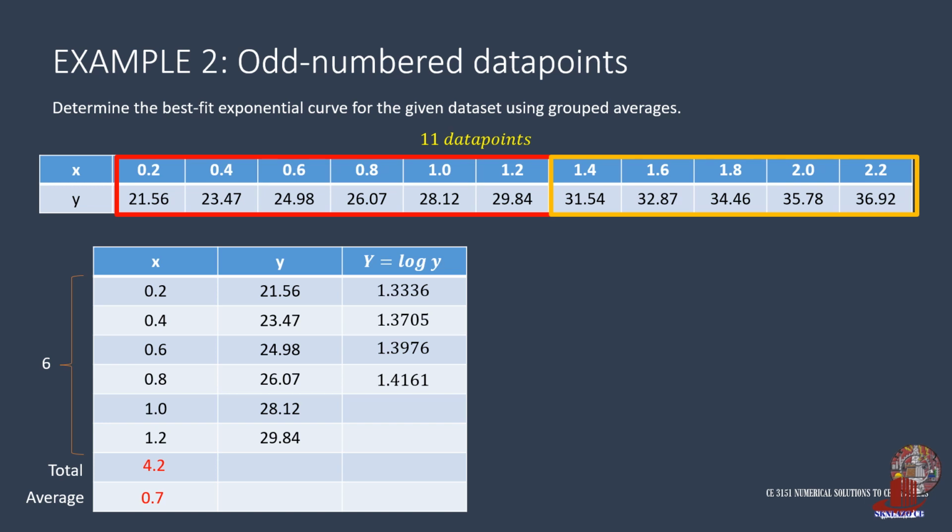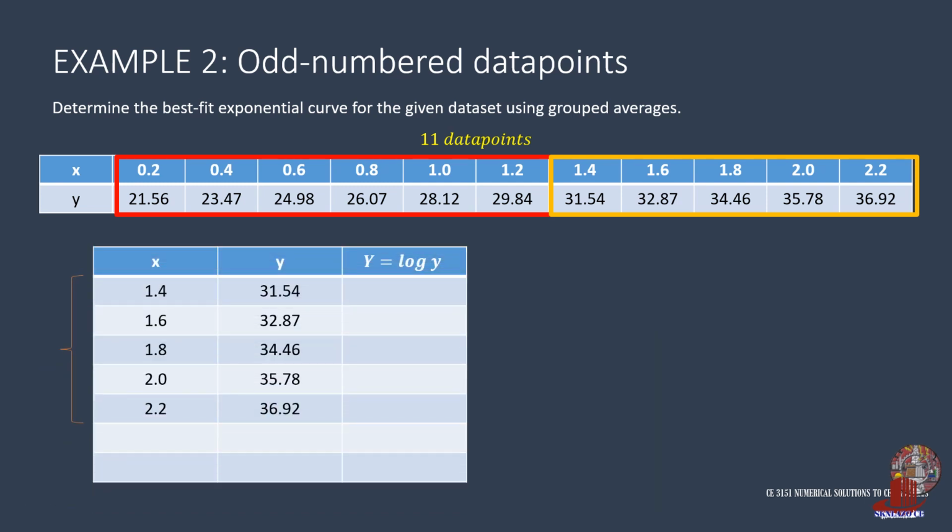For 28.12, capital Y is 1.4490. And for y of 29.84, the logarithm is 1.4748. Add these 6 capital Y values and get 8.4416. And the average is 1.4069. So with the linear format of A and B, the first equation is 1.4069 equal to 0.7A plus B.